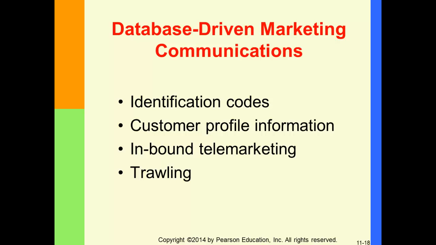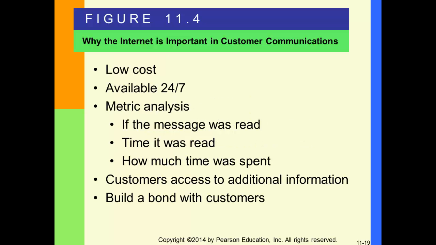Now, the internet is a key piece of technology for data-driven marketing communication. A major reason for a database is the ability to communicate and interact with customers and prospects. This process starts with developing identification codes and profile information for a customer. It can also be used for inbound telemarketing, or really any types of marketing associated with that.